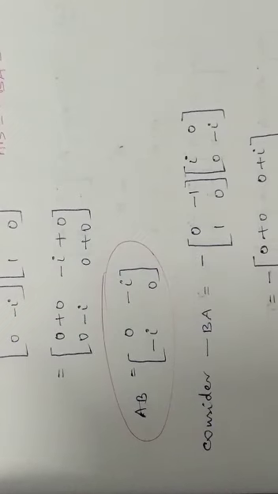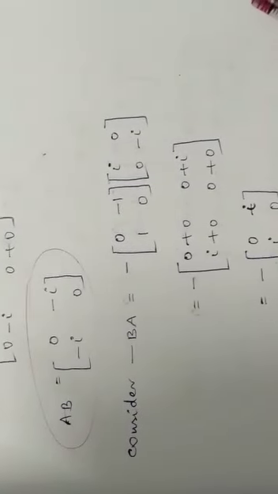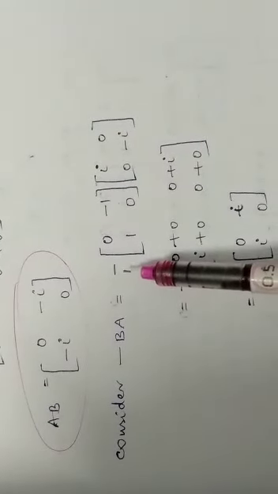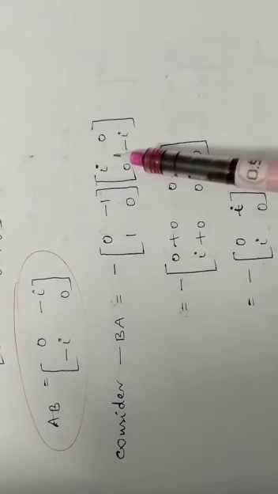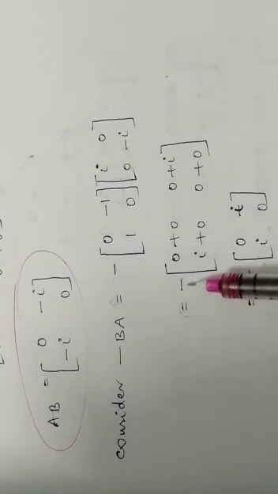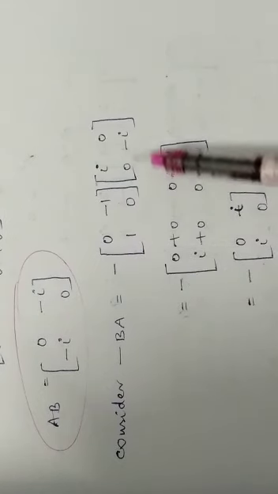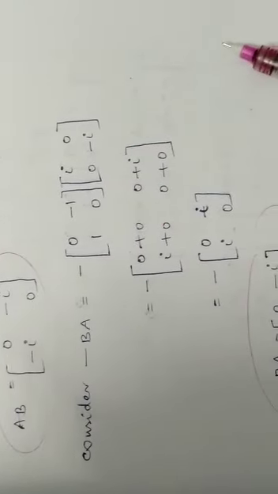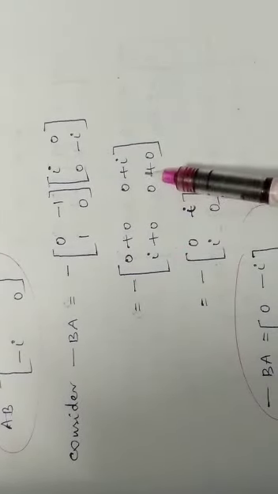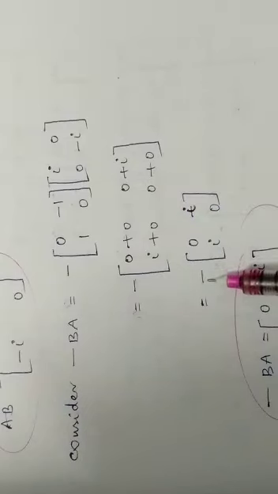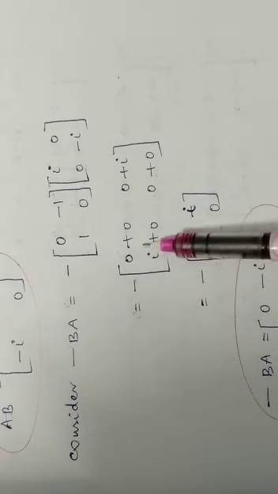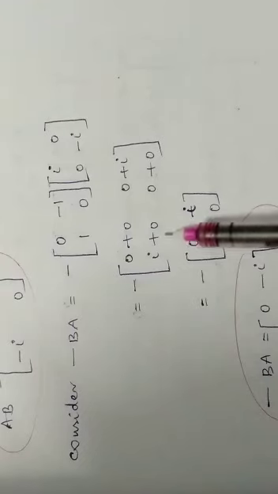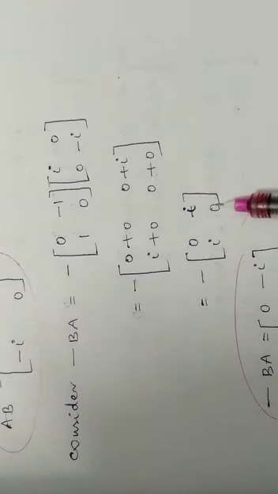Now consider minus BA. Minus, keep it aside, write B and A matrices. So minus is as it is outside. Multiply these two matrices. After multiplication, I got minus, the same minus outside here, 0, I and 0.